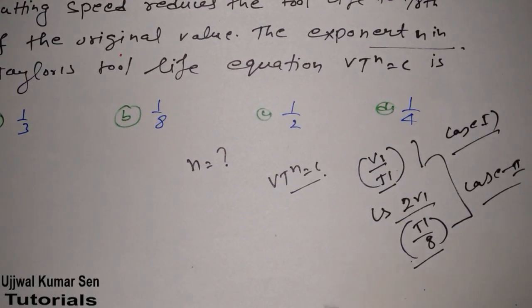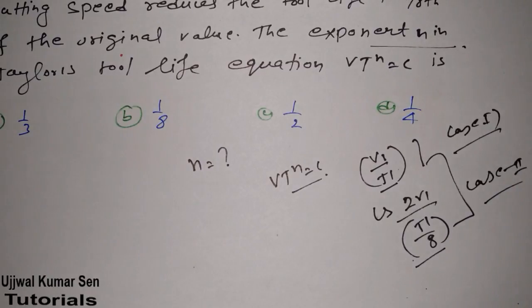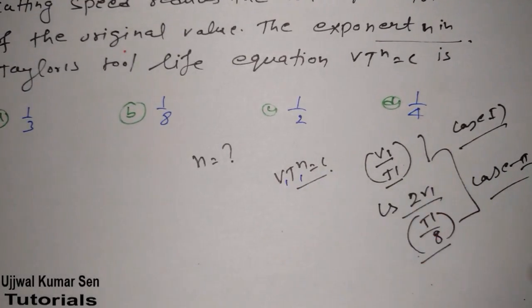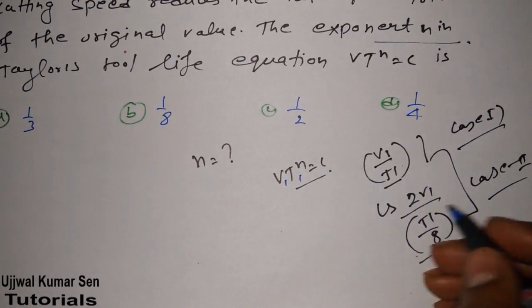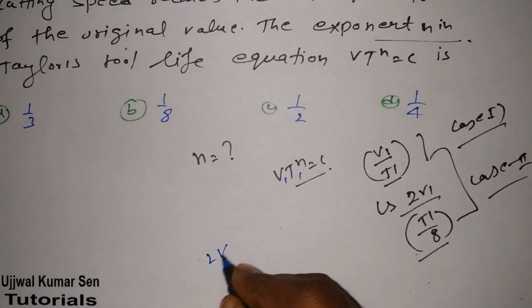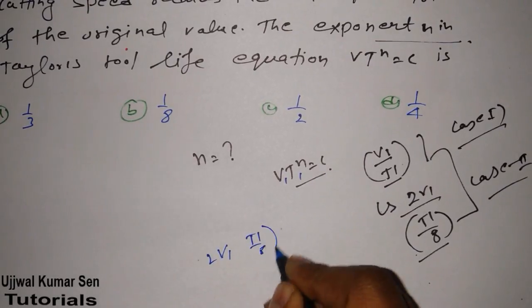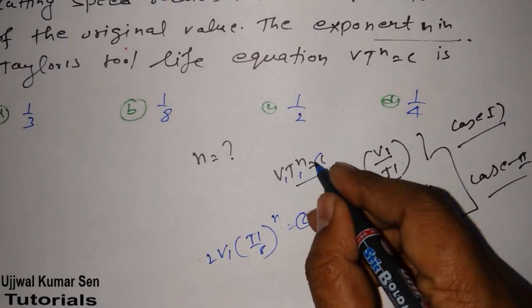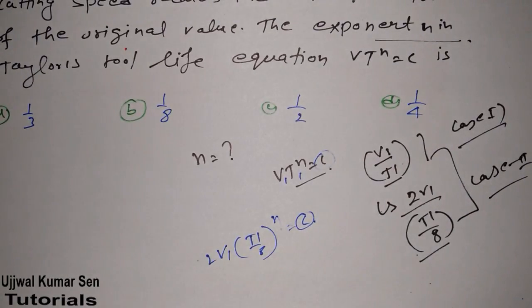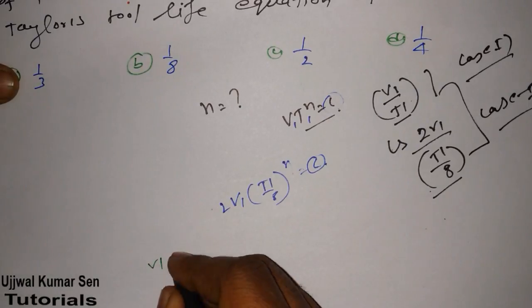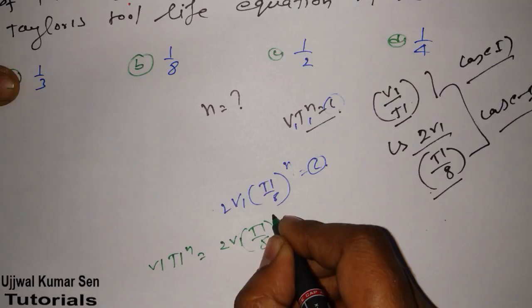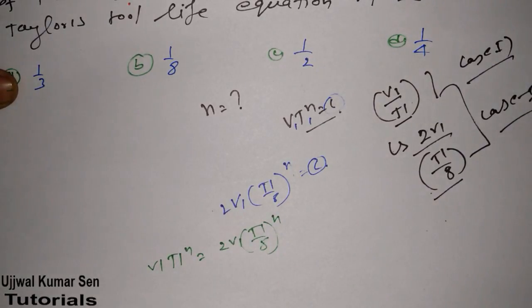Now as you know, the equation is given as v t to the power n is equal to constant, right? So we know that for case 1, v1 t1 to the power n is equal to constant. Now second is 2v1 times t1 by 8 to the power n is equal to constant. Constant values are the same, as you know. Therefore we can write v1 t1 to the power n equals 2v1 times t1 by 8 to the power n. Right?